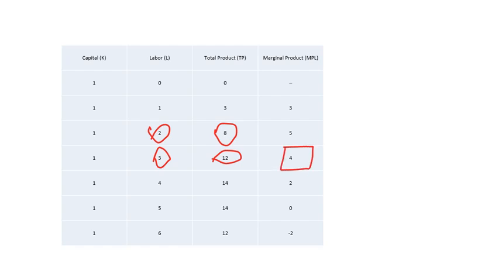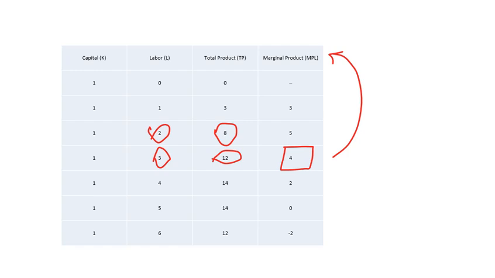These 4 units represent actually the marginal product, which means the additional worker helped the workshop to raise its total product by 4 units. So here the marginal product is 4.